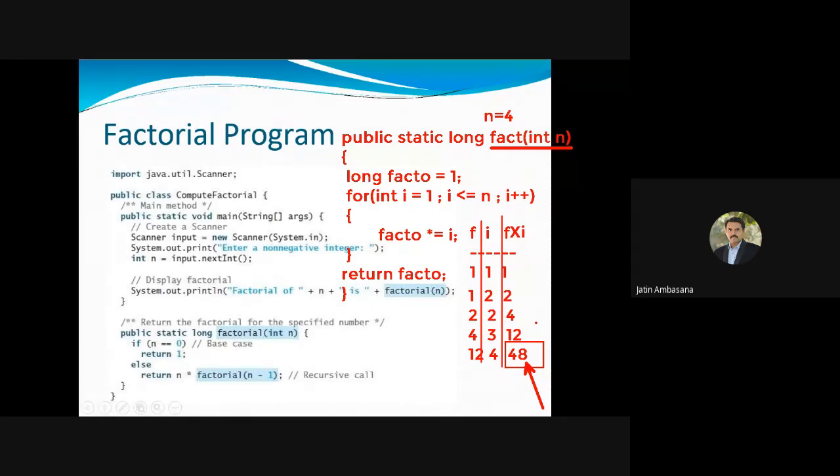Understand the simple factorial method? Looking at this table only, you can understand how the factorial value is getting calculated, and that value is again used inside the loop.